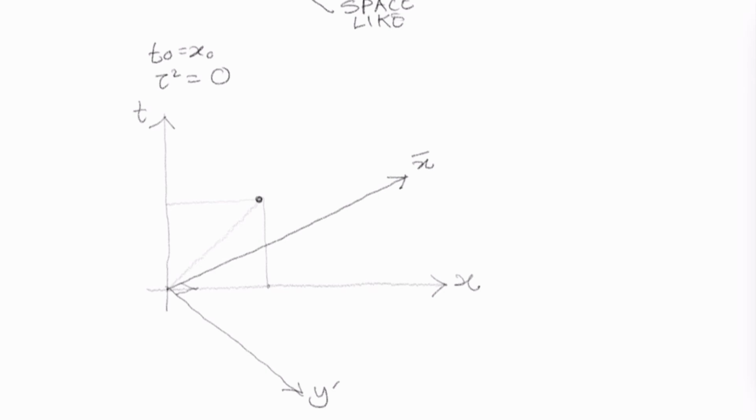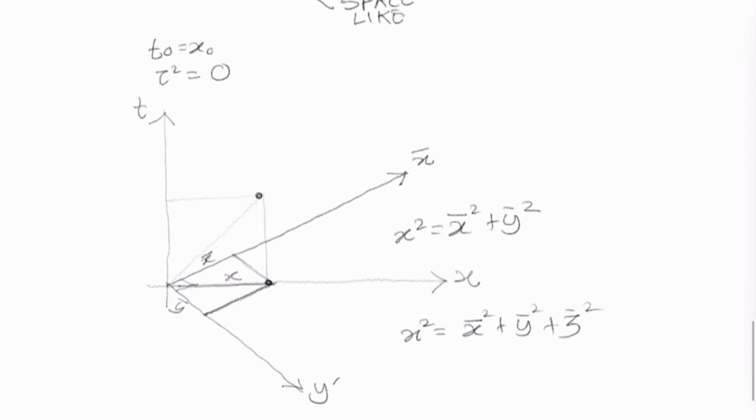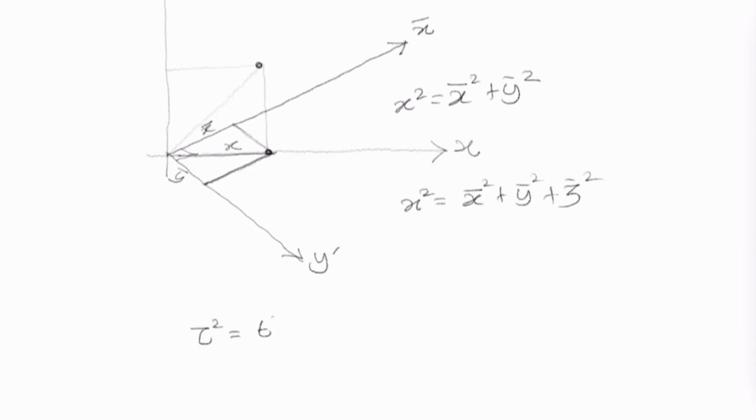In this new coordinate system, x squared equals x bar squared plus y bar squared. If you consider a rotated coordinate system in the other direction also, in general, x squared must be equal to x bar squared plus y bar squared plus z bar squared. So in very general terms, tau squared must be equal to t squared minus (x squared plus y squared plus z squared).